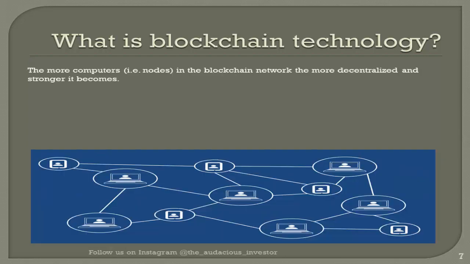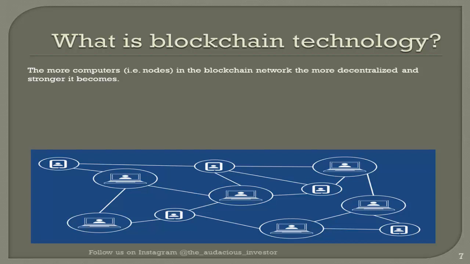So the more computers in the blockchain network, the more decentralized and stronger it becomes. So the more nodes there are within a blockchain network, the stronger it is. So if you imagine having a blockchain network with 10 nodes and having a blockchain network with 10,000 nodes, which one is more decentralized?